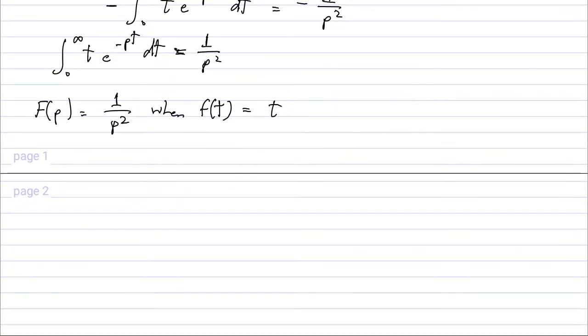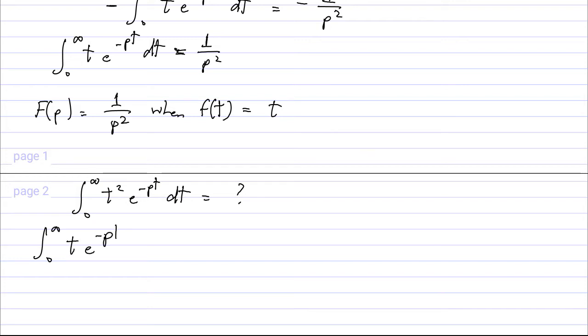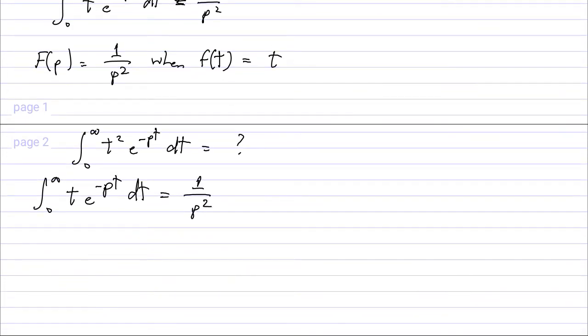Right. I can carry this procedure further. So what if I look at the Laplace transform of t square? What is this equal to? Well, I start from the previous one, which I know. This is equal to 1 over p square, as we have just seen. Differentiate again with respect to p.